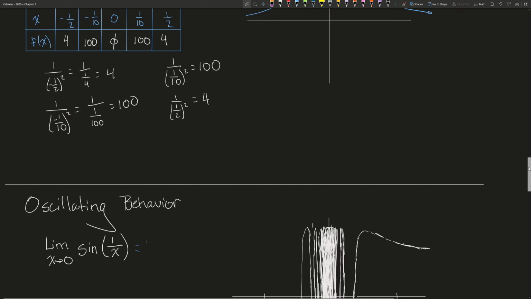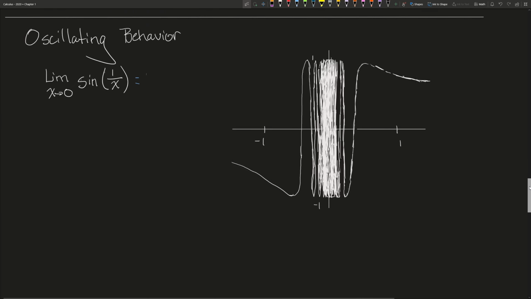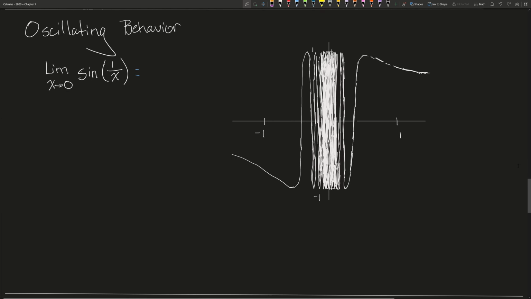The third reason a limit wouldn't exist is because of some oscillating behavior. For example, if we have the limit as x approaches 0 of sine of 1 over x, we get a graph that looks like this. What's happening in this graph is as we approach 0, there are an infinite number of oscillations between 1 and negative 1.